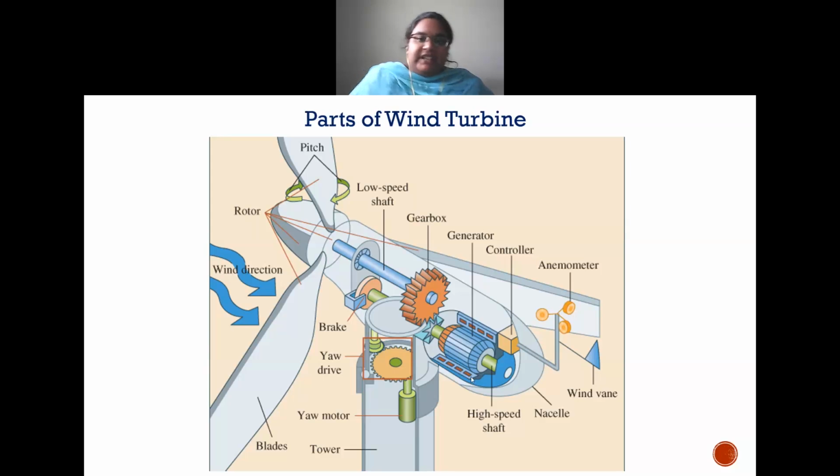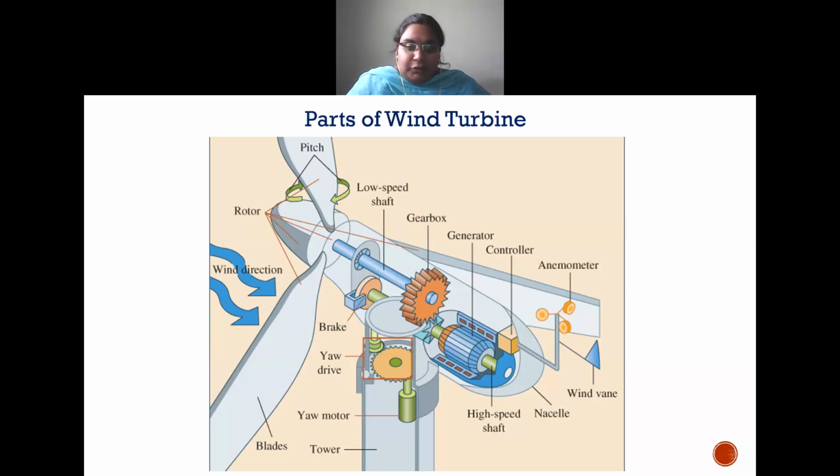Okay, so basically, when you are giving a mechanical input to the generator, you have to give the mechanical input such that whatever the rating of the generator is, the shaft should be rotating at that rating or at that speed. So we cannot feed the low speed shaft directly to the generator, so we need to convert it into high speed.